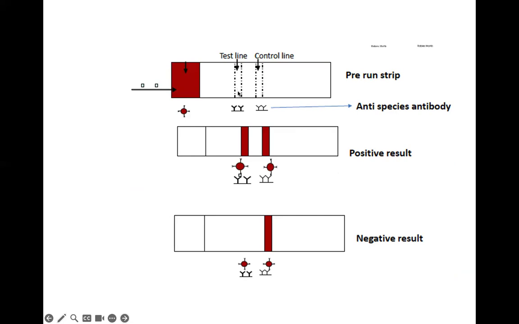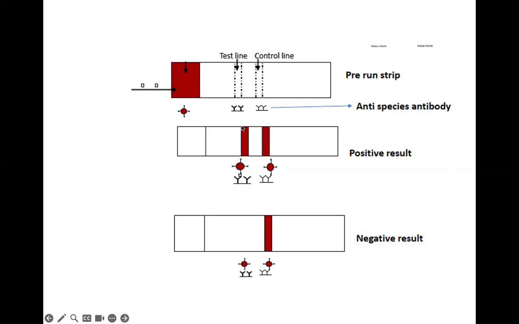How do you get the test line? How do you get the control line? Okay. So this is where the sample comes in, and you have the conjugate pad. And when it moves, if it is positive, then the capture antibody will capture the antigen of interest, which is also conjugated with the antibody and the gold nanoparticle.